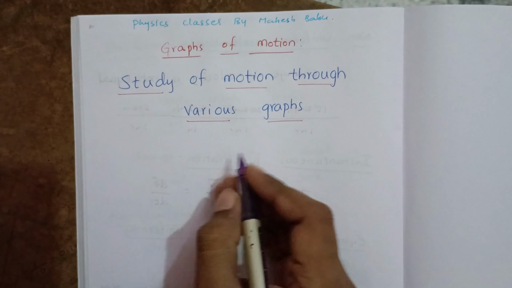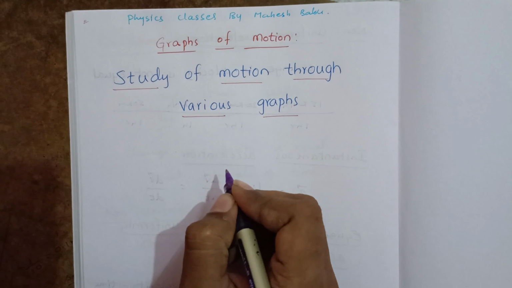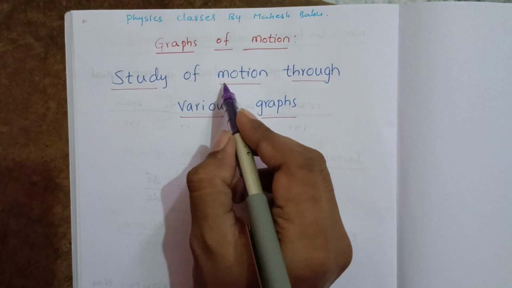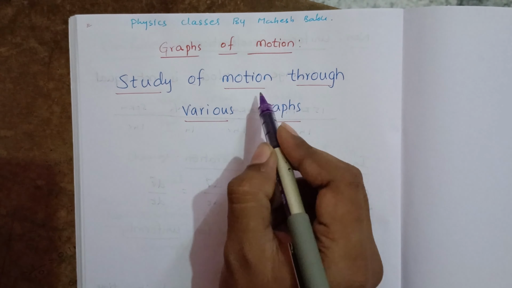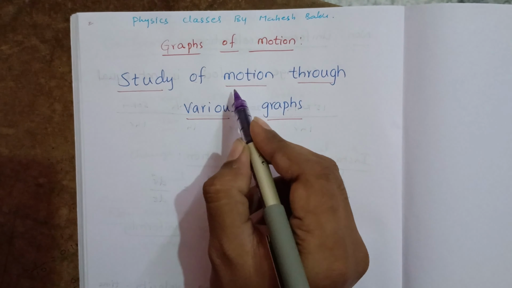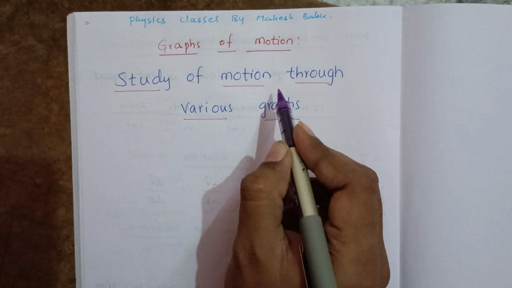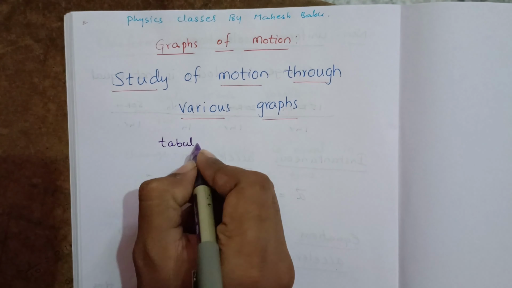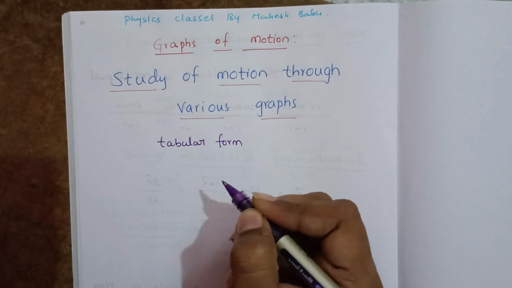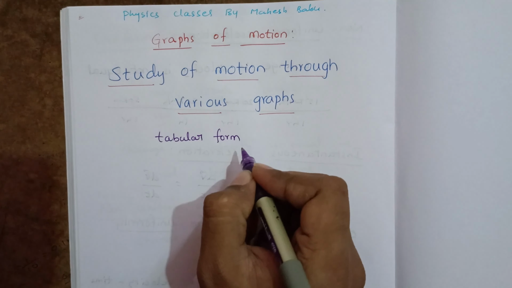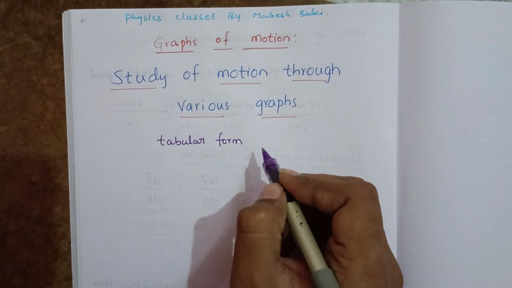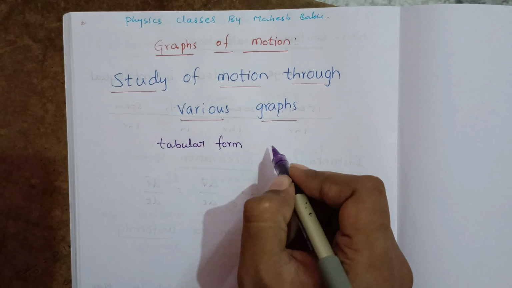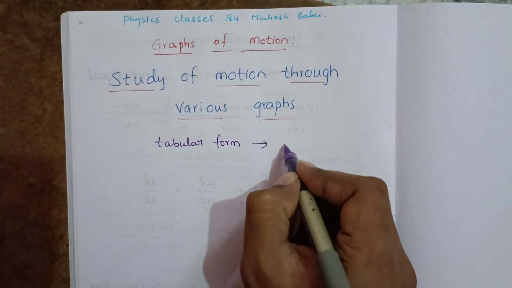Now, if information about various physical quantities related to motion is given in tabular form for different instances of time, then it can be converted into graphical form.